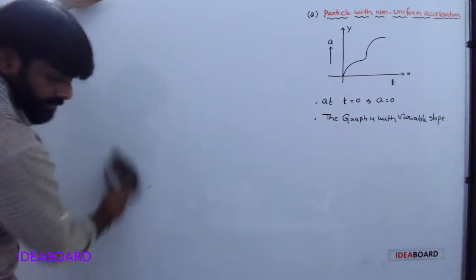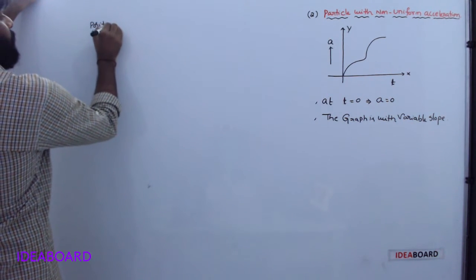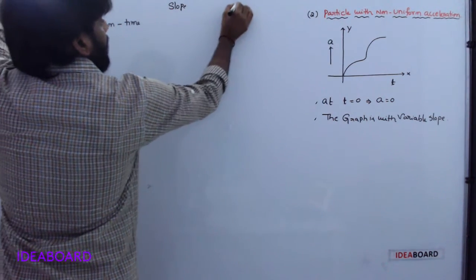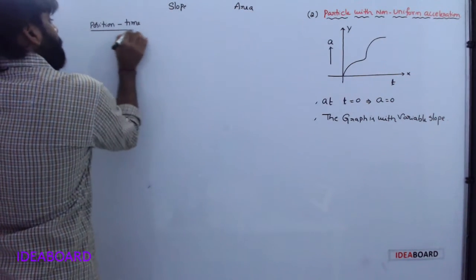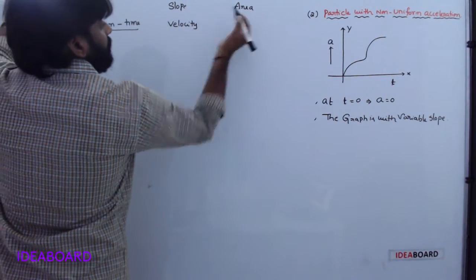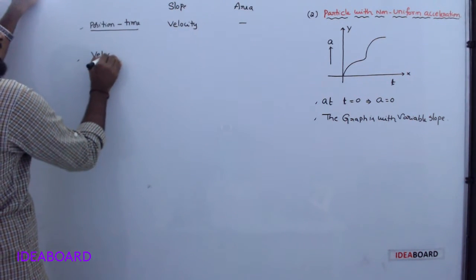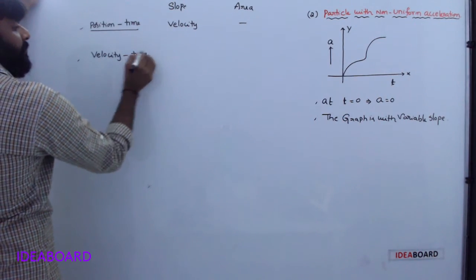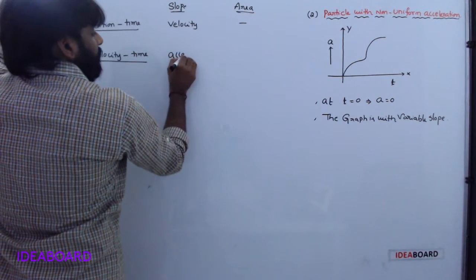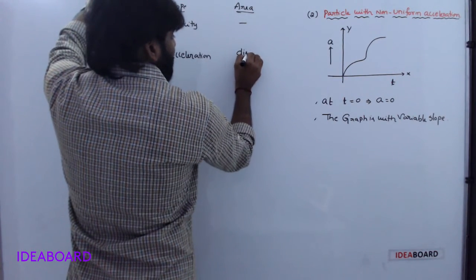In the position time graph, slope gives the velocity; area does not give anything simply. In the velocity time graph, slope gives the acceleration, and area under the VT graph gives the displacement.